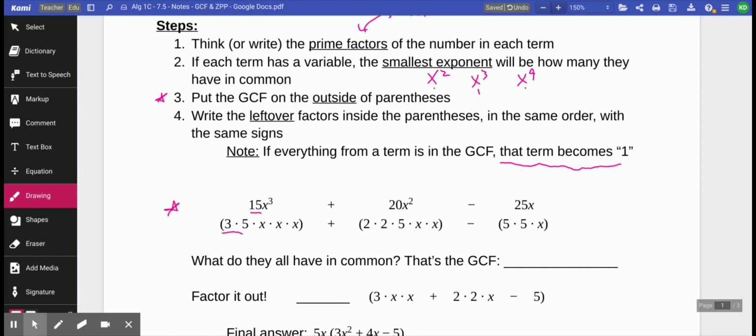X to the third means x times x times x. So 15x to the third we can write as 3 times 5 times x times x times x. We're just writing it down in all of its factors, so we can look for what's in common.